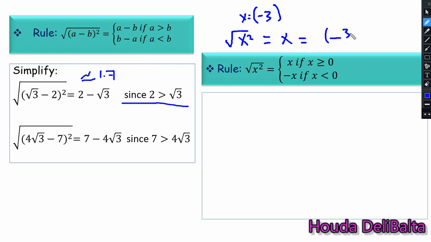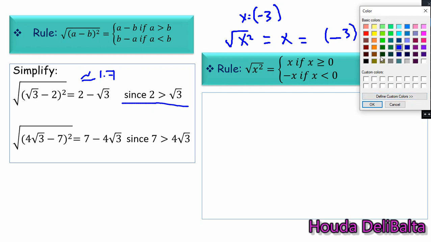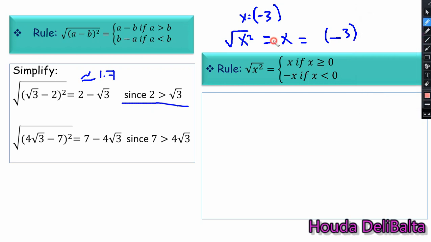And that's a contradiction, because in radicals I have to get a positive result always. So what should I do? I should put a minus sign before x, and putting this minus sign will change it into a positive.